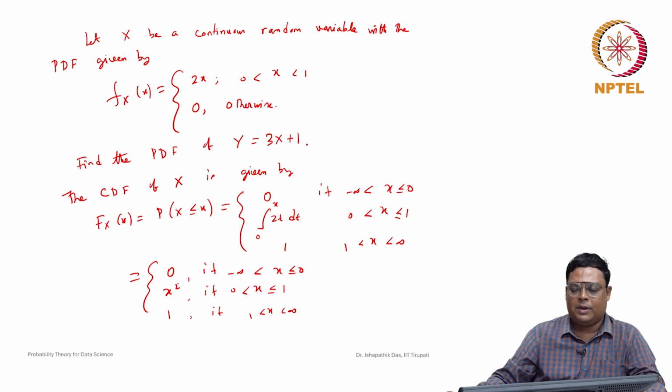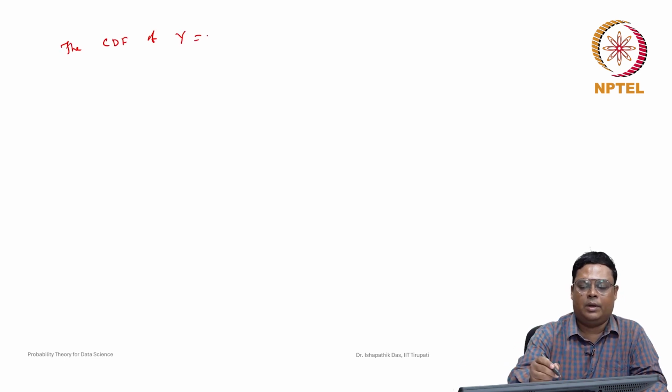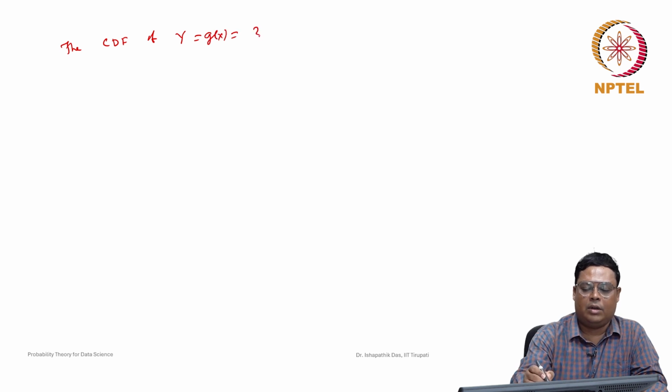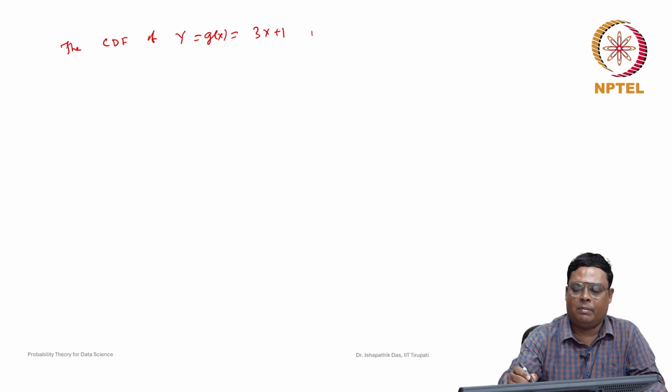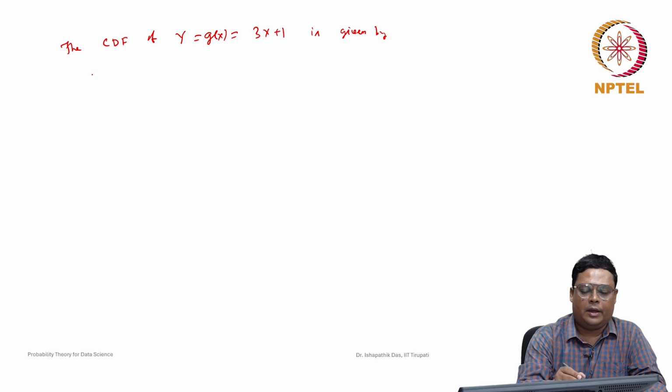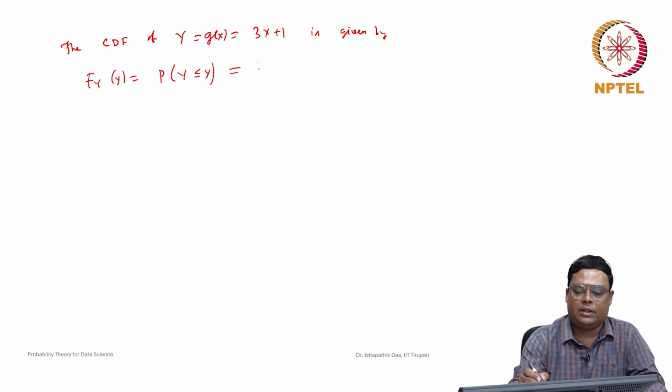Now, from the cumulative distribution function of X, we will find the cumulative distribution function of Y. Here we consider g(x) equal to 3x plus 1. So F of y is the probability that Y is less than or equal to y. Since Y is equal to g(X), it is the probability that 3X plus 1 is less than or equal to small y.